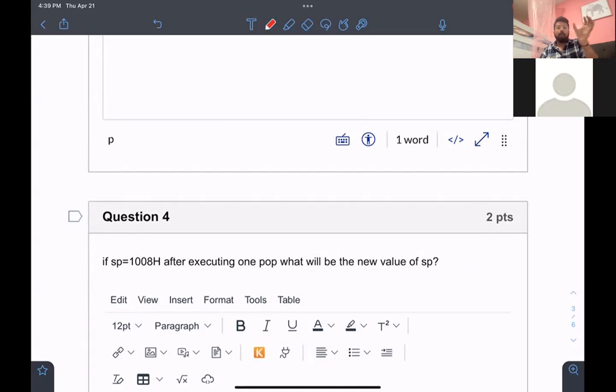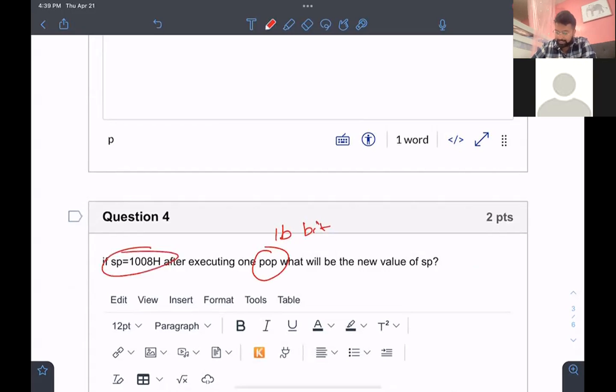But pop AX does the opposite: it pops the value that's on the stack back onto the register. And another thing, pop is also 16-bit. It also moves 16 bits at a time.